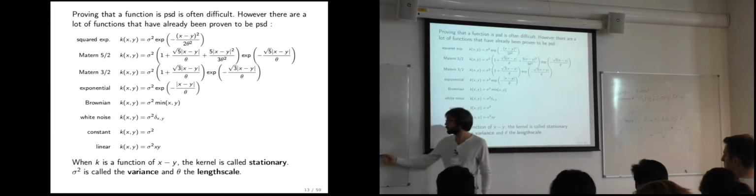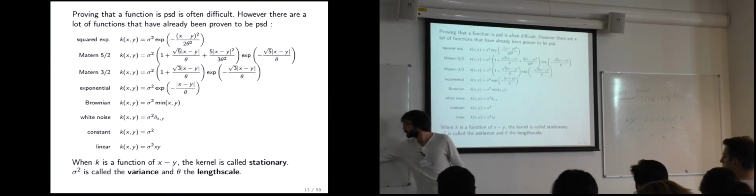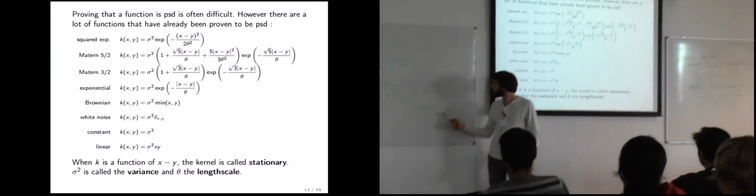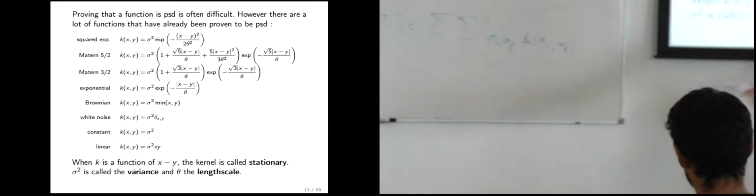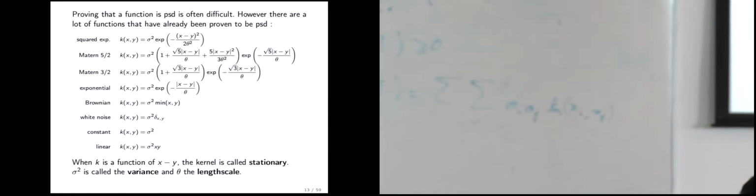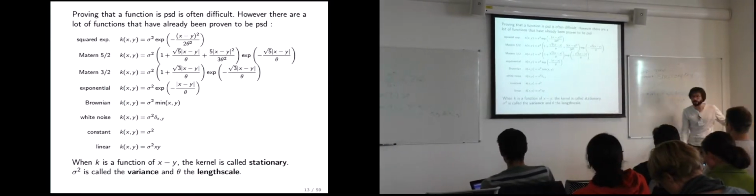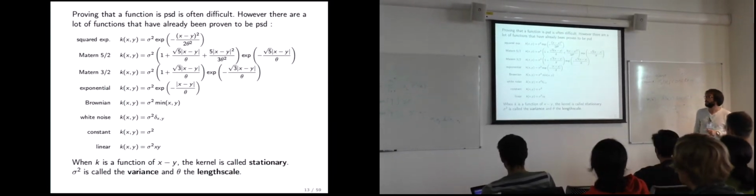Because if I ask you to prove that this is greater or equal to 0, whatever n is and whatever the points x we pick, it's very difficult from this definition. But for all these functions, we know that they are positive semi-definite, so we can plug them into the models and we'll end up with something that makes sense.